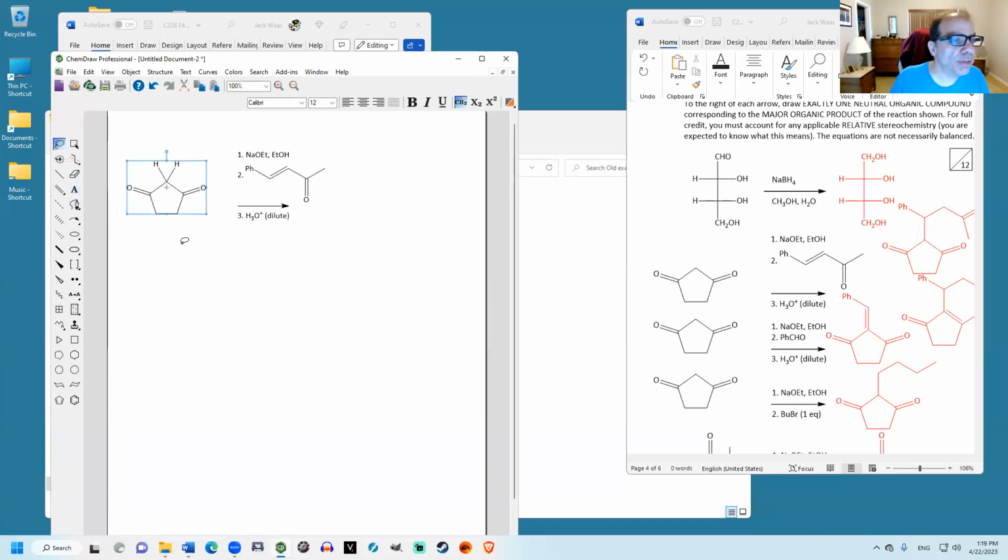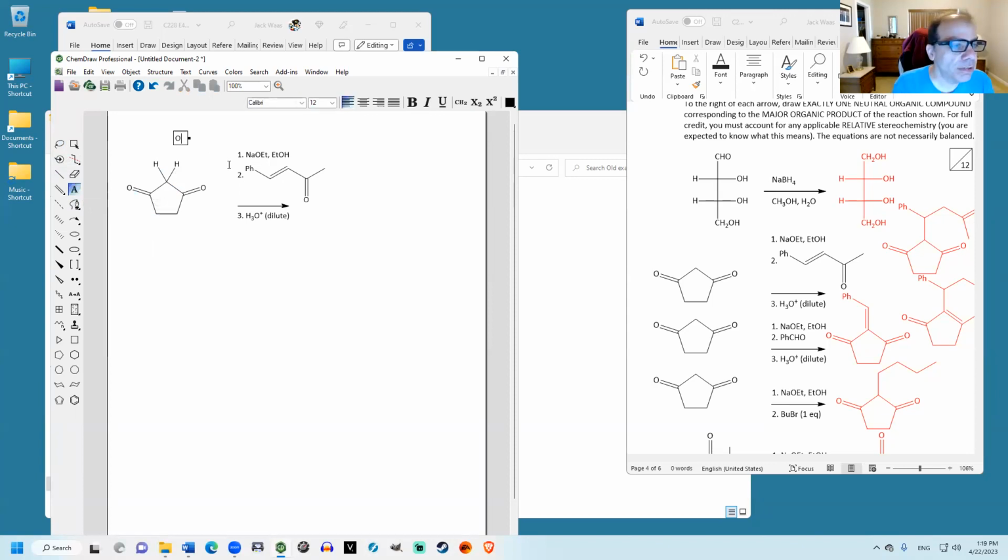The reason I know it's a Michael reaction is because I'm given a species that can make an enolate by deprotonation. And I'm also given an alpha beta unsaturated carbonyl compound. That's going to act as my acceptor. The nucleophile is going to be an enolate as per usual.